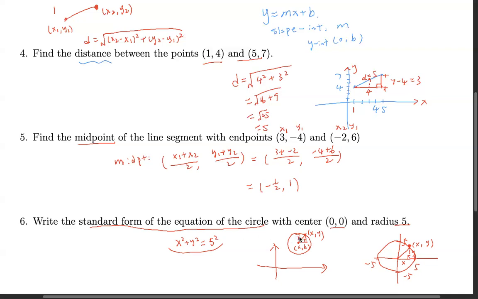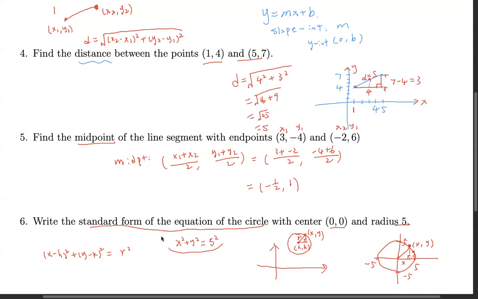Let's call this radius r. Radius squared equals x minus h squared plus y minus k squared. Right? Exactly this right triangle. x minus h is this distance, the base, squared, plus y minus k is this height, squared, equals the radius squared, r squared.